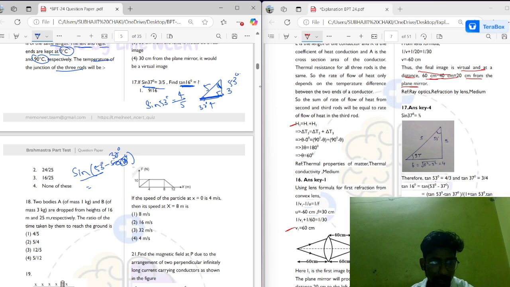Work done is 60 joule, and we know from the work energy theorem that the change in kinetic energy equals work done. That means 60 equals del KE. So 60 equals half mv square minus the initial kinetic energy.